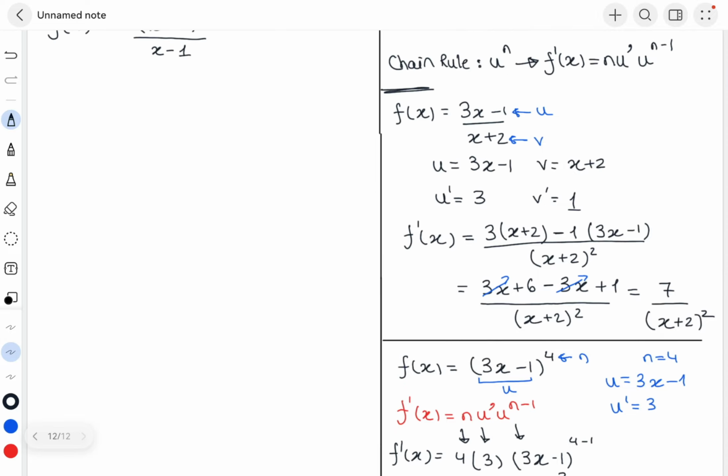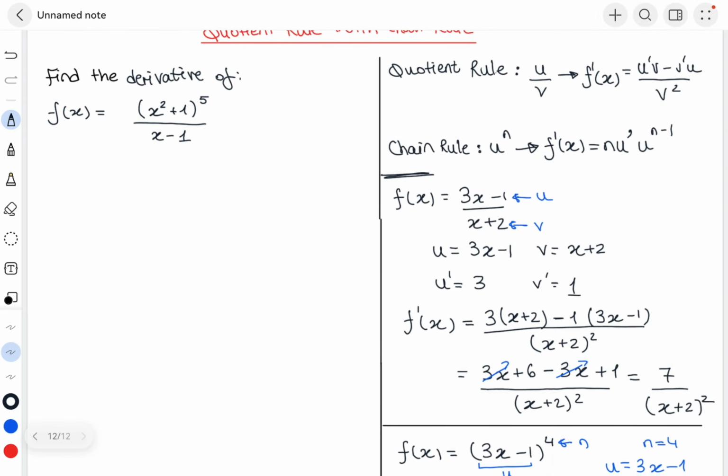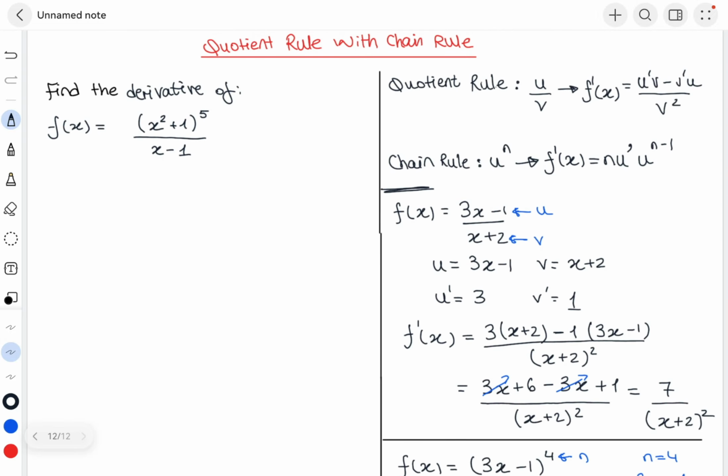Now, since we did a small revision about quotient rule and chain rule, let's now do the derivative of the function we have here. First, since we have a numerator over denominator, we need to take the numerator as u and the denominator as v. So u is x squared plus 1 to the power 5, and v is x minus 1.